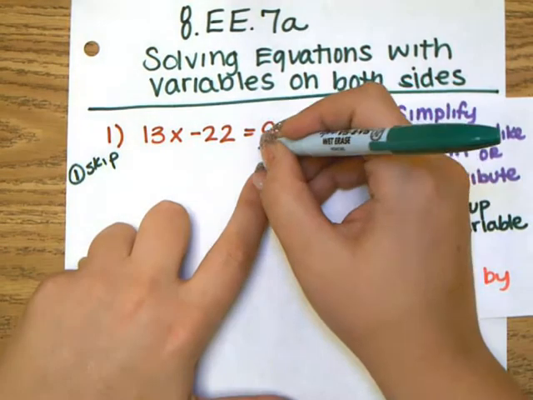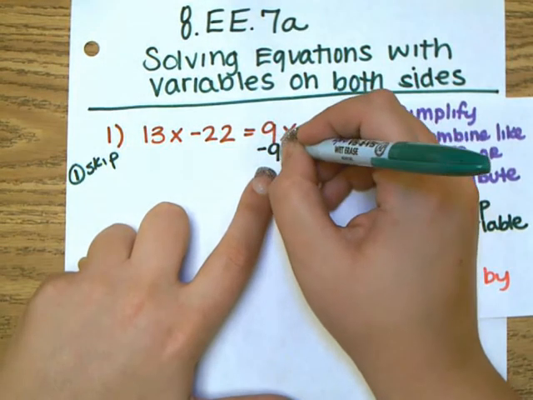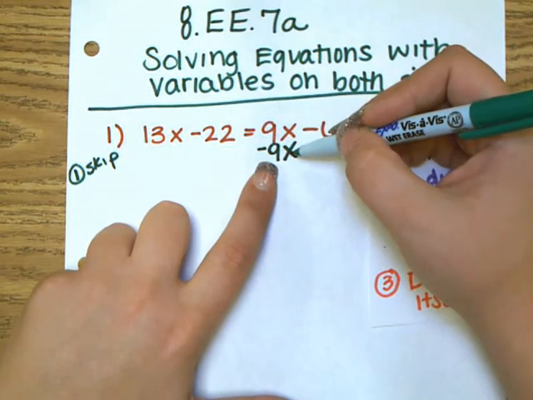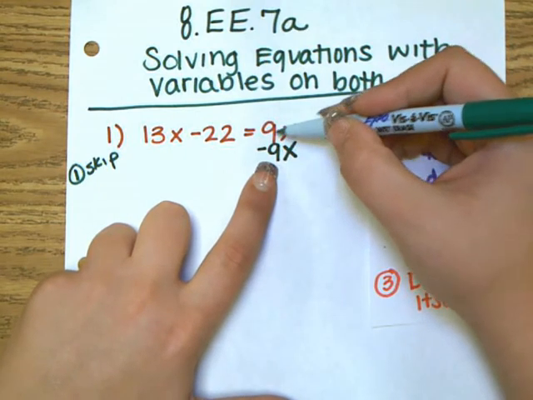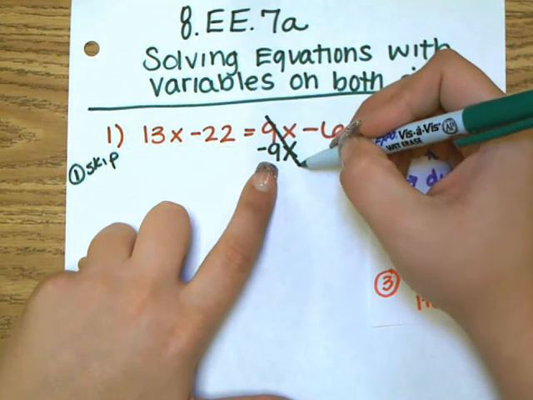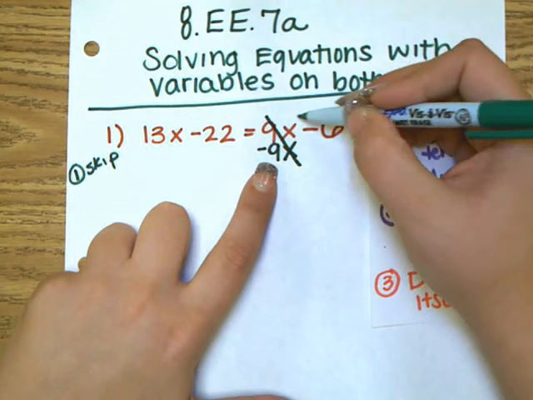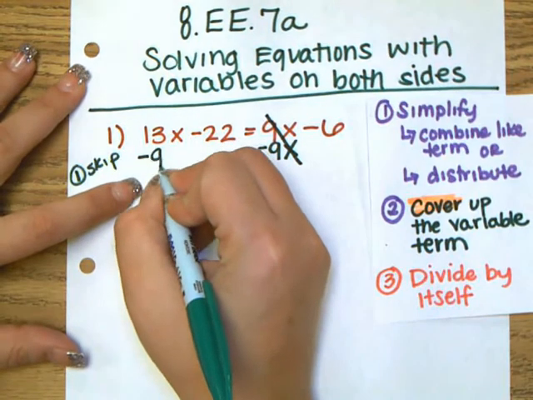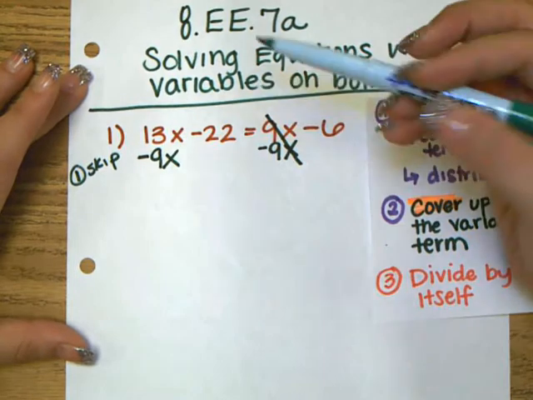So before I can highlight, I need to get rid of one. I can only have one variable term in the problem. So I'm going to subtract 9x because 9x minus 9x is 0. So now there is no x term on the right side. And then I'm going to subtract 9x on the left.